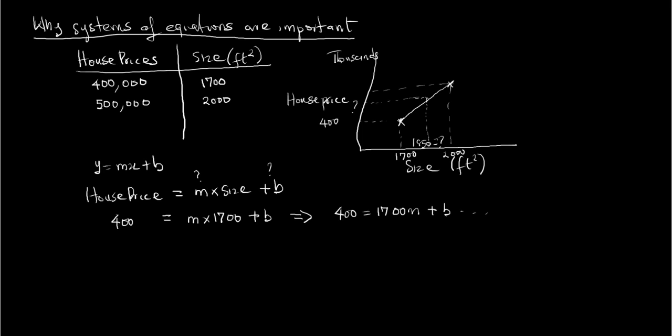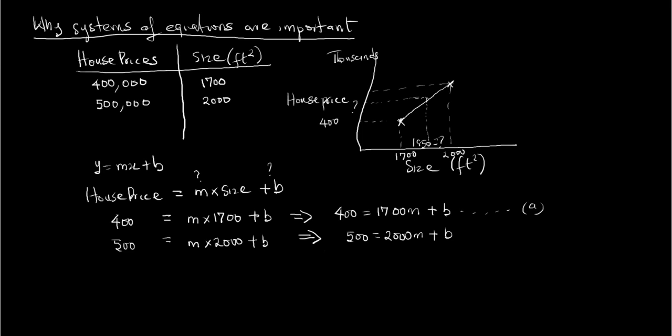We can call that equation A. If we do the same thing, we're going to have 500 is equal to m times 2,000 plus b, so 500 is equal to 2,000 m plus b.